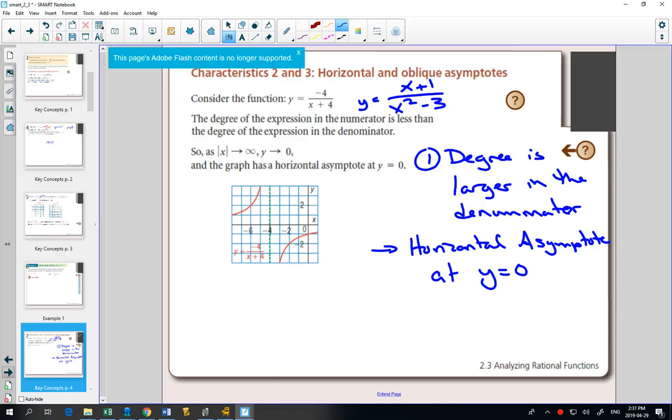And so I'm dividing by a very big number, and anything divided by a very big number gets really, really close to 0. So in this situation, if you notice the degree is larger in your denominator, you can just say, boom, I know that we're going to have a horizontal asymptote at y equals 0.